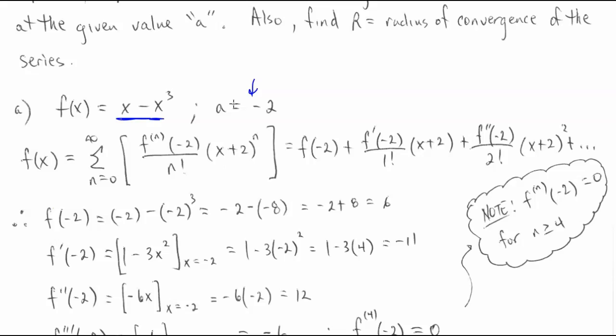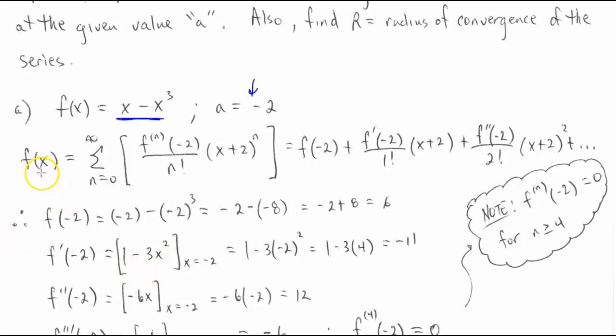So technically, I wouldn't have to do this, but I'm doing this example just so that you can see we could have a polynomial be represented by another polynomial, depending upon where we want to center it about. So this is solely for illustrative purposes, to show you how we can take some function and transform it into a Taylor series.